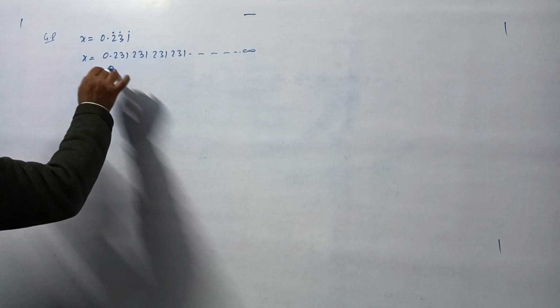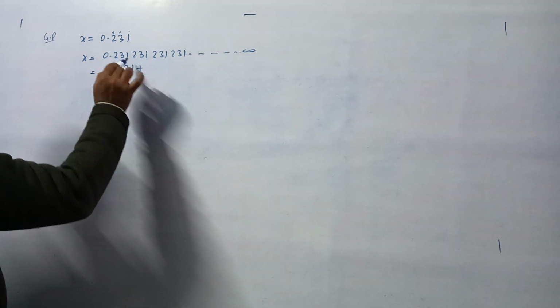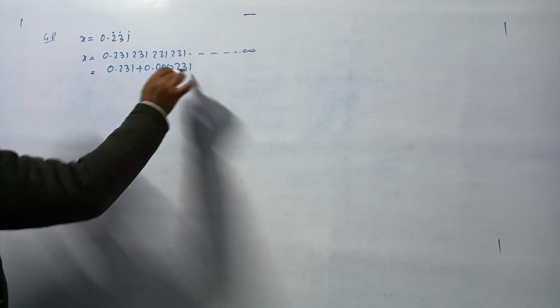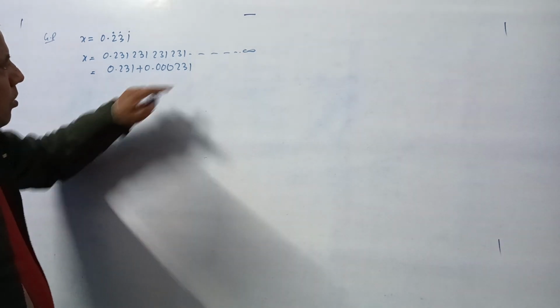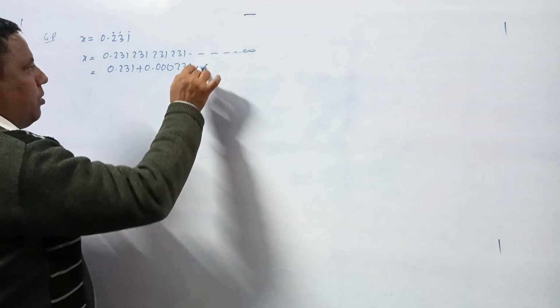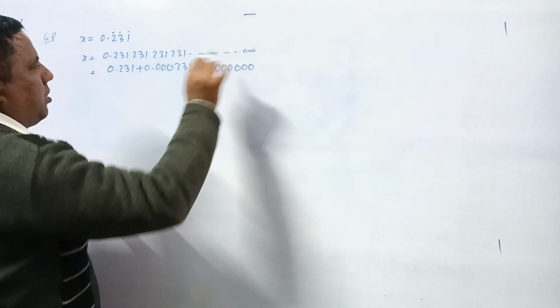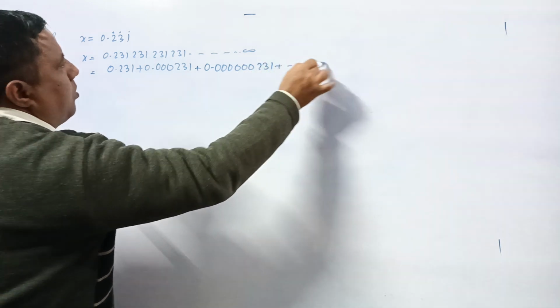Now 231 plus 0.000231, again 0.000000231, how many zeros? 6 zeros. 231 and so on.